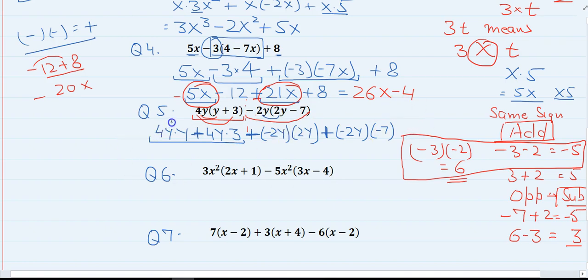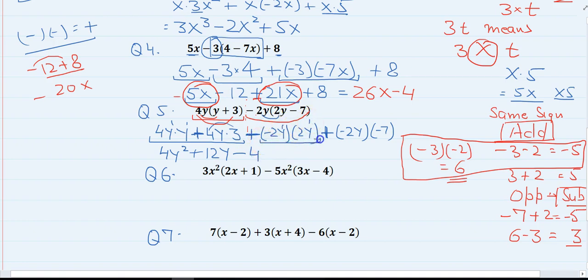Now 4y multiply y. We have power 2, so it will be 4y squared. Now these are the numerals. 4 times 3 is 12y. Now there is negative and this is positive. Negative and positive is negative. 2 multiply 2 is 4. Y to the power 1, y to the power 1.